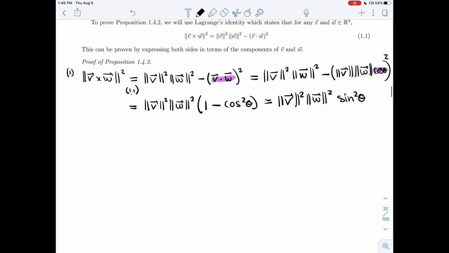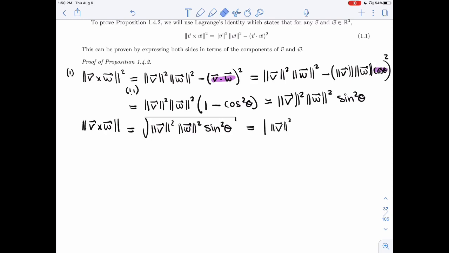All right, now we want the length itself, not the square, so I have to take a square root of the other side. Now it's tempting to think, well, the square root and the squares will cancel, but there's a little issue. When the square is inside, they don't quite cancel. You get the absolute value. So absolute value of length of v, length of w, sine theta. And now, well, the lengths are clearly positive because they're lengths.